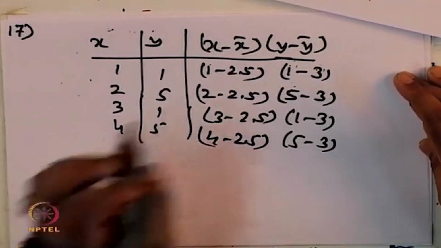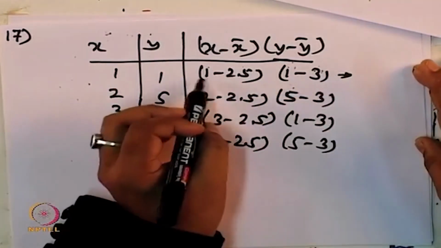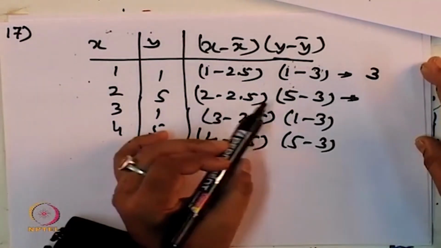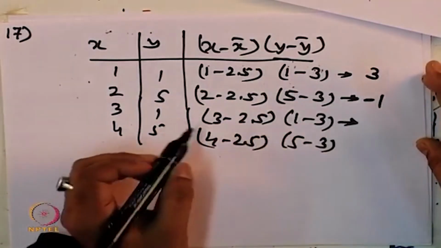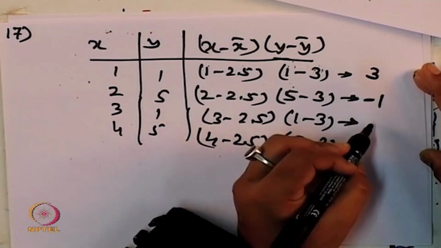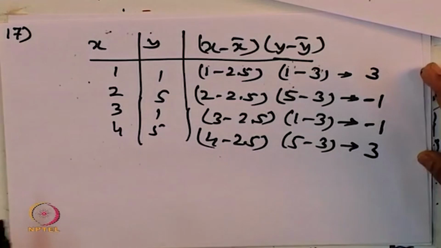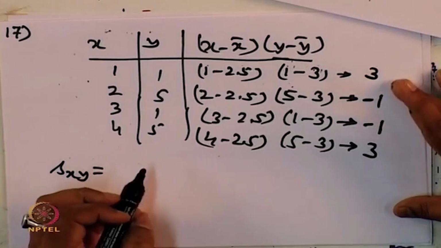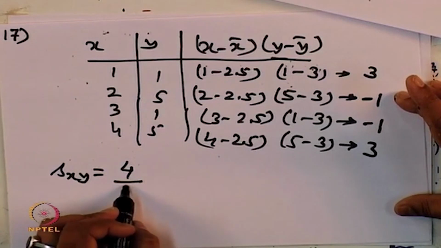You can find out this value. So, this is 3, minus 1, minus 1, 3. Okay. So, I can calculate the summation. So, Sxy will be the summation of this, which is 6 minus 2 is 4 by 3.